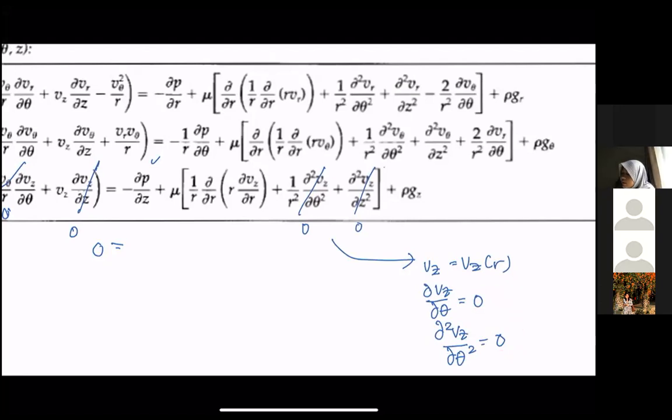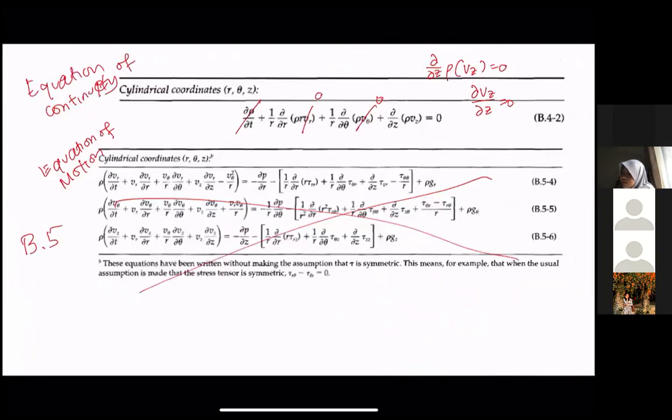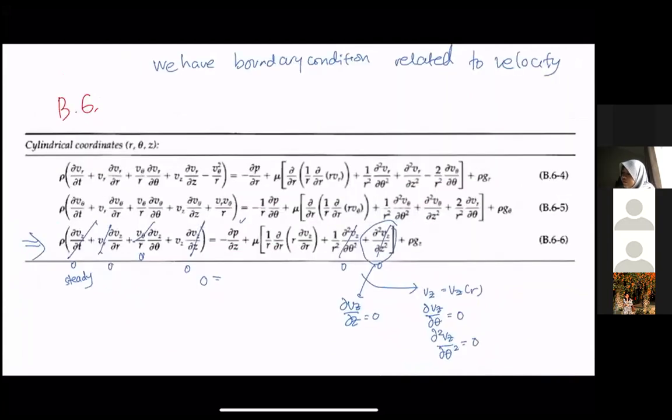This is also similar with this one. We know that dou phi z over dou z equals 0 from the equation of continuity. So if the first derivative is equal to 0, the second derivative would, of course, be equal to 0.